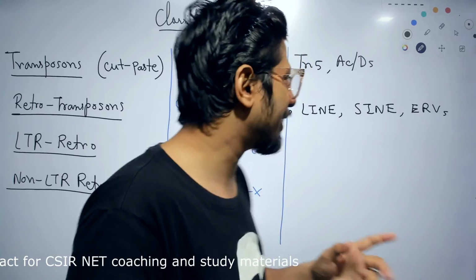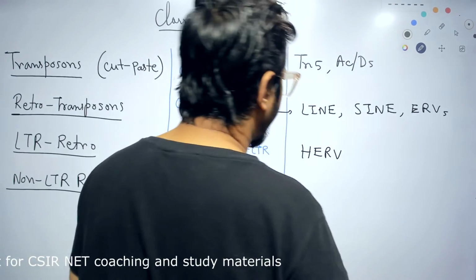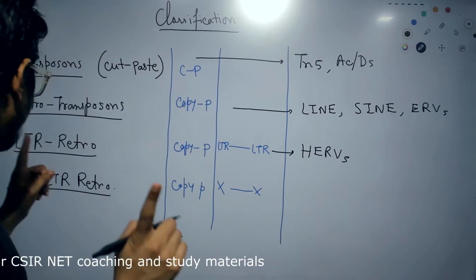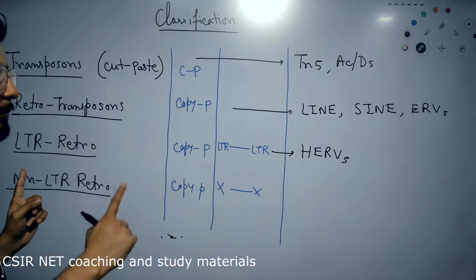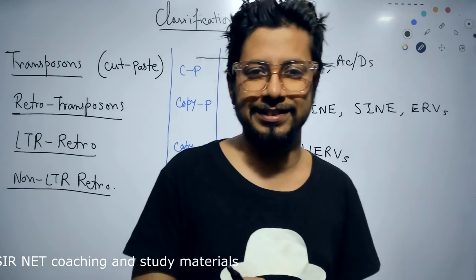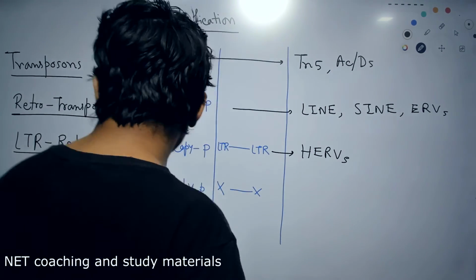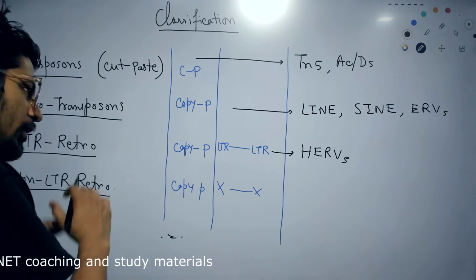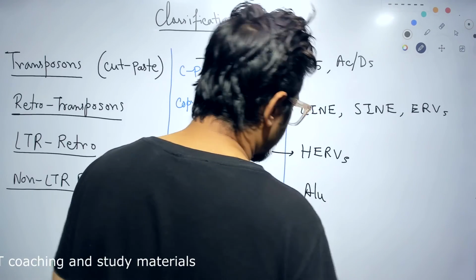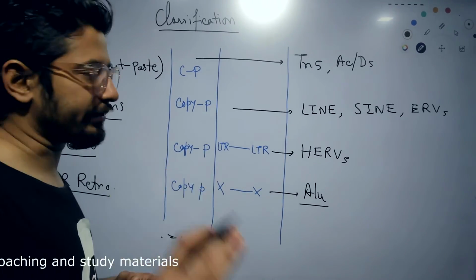Those elements are known as human endogenous retroviral or HERV transposable elements, and these are examples of LTR, long terminal repeat based retrotransposons. And the last one is non-LTR type retrotransposons. Example, ALU elements. Okay, ALU is an example of non-LTR retrotransposons.